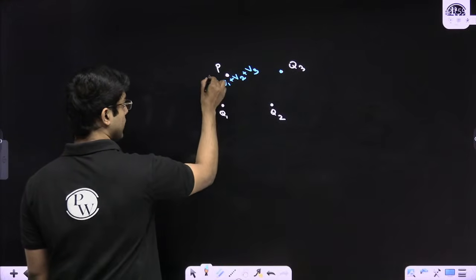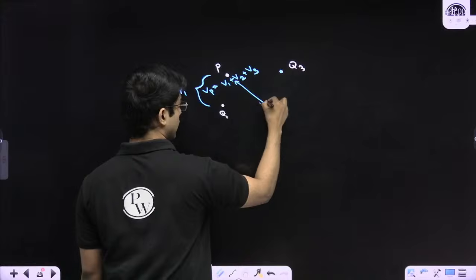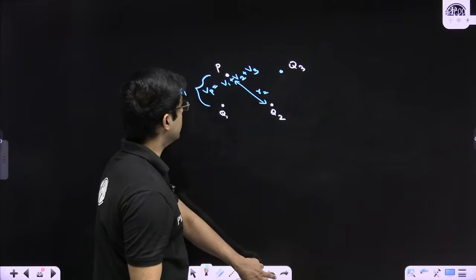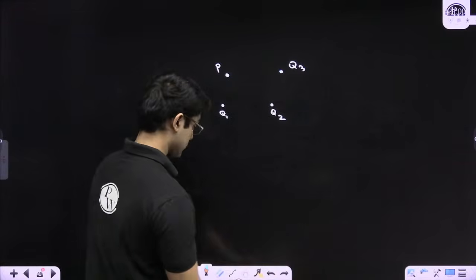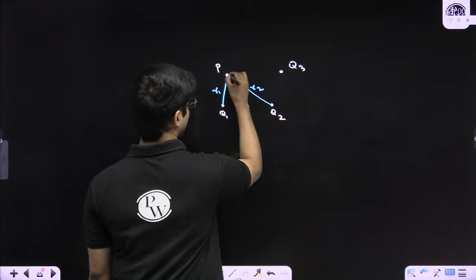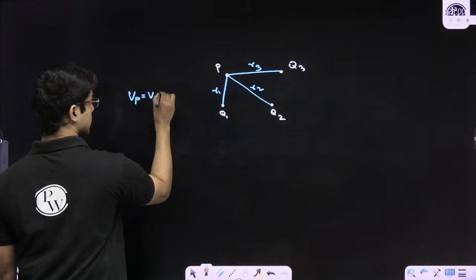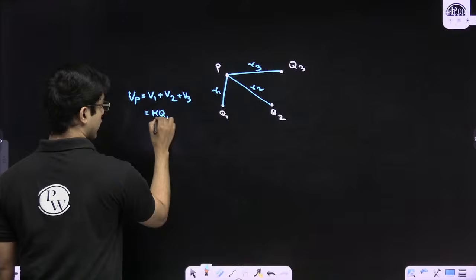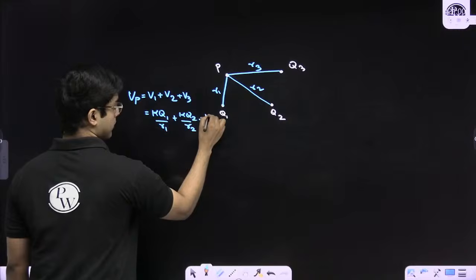So if Q1 and P, the distance between these two is R1, and Q2 and P, the distance is R2, and between Q3 and P the distance is R3, then the net potential at point P is V1 plus V2 plus V3, which is KQ1 by R1 plus KQ2 by R2 plus KQ3 by R3.